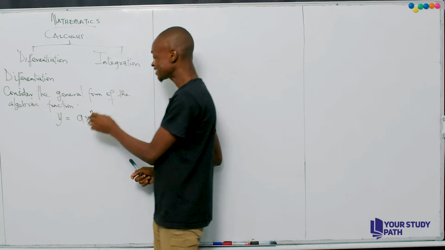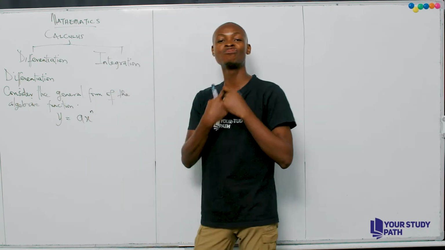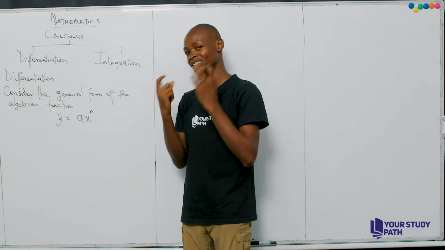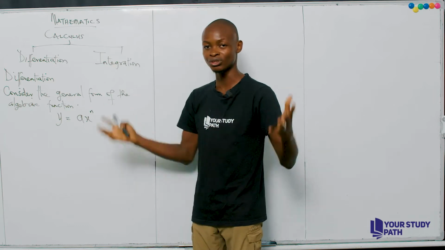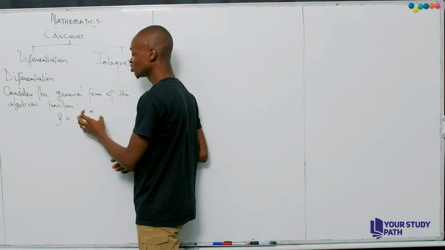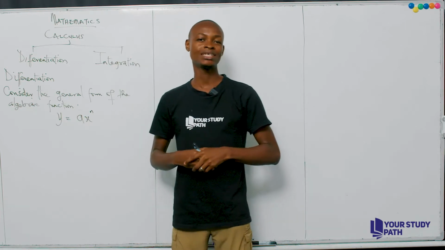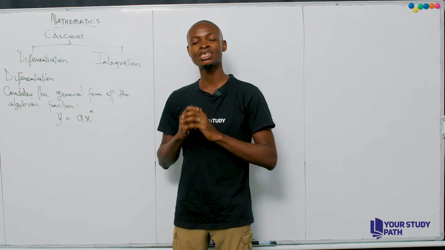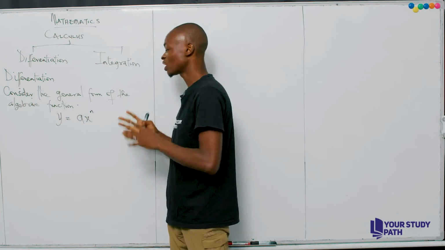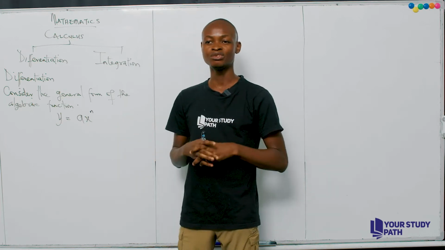So it means that x is the value that must be given first. Hence the reason why it is independent, because it is the starting point. And then you will use those values to find the corresponding values for y. Hence the reason why y is dependent. This is all it means to talk about independent and dependent variables.